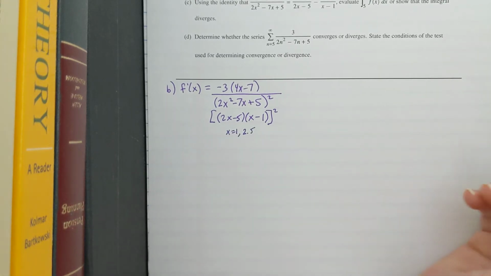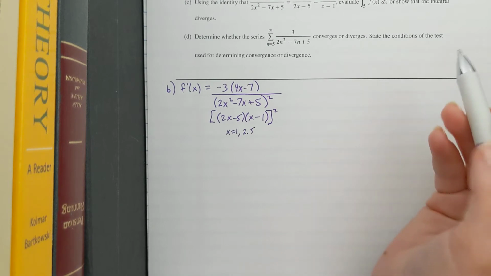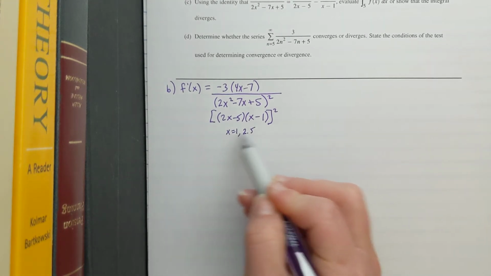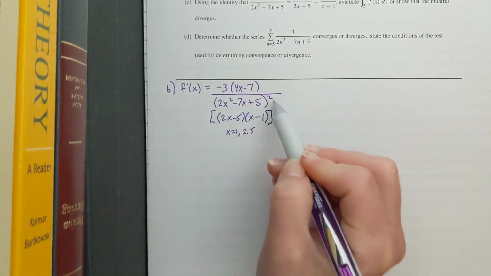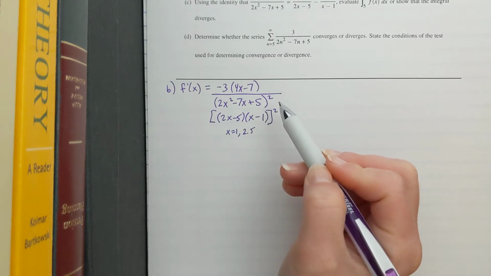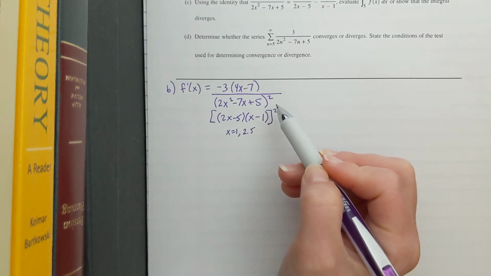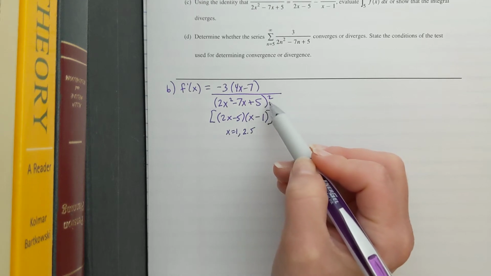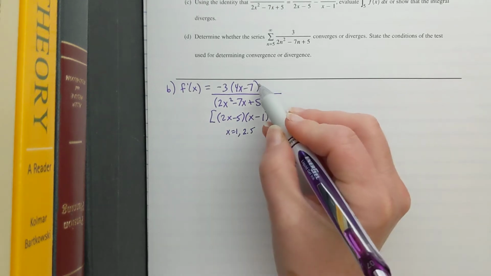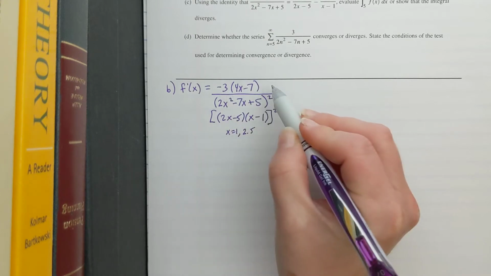So it's interesting when they ask for the critical points that are between 1 and 2.5, it doesn't include those. So we're not looking at the undefined, but remember undefined does give the possibility of a critical point when the derivative is undefined. So we're really only looking at the numerator being 0.